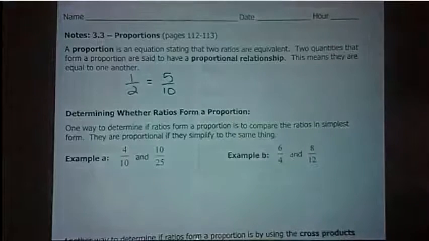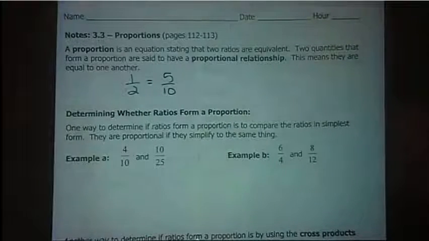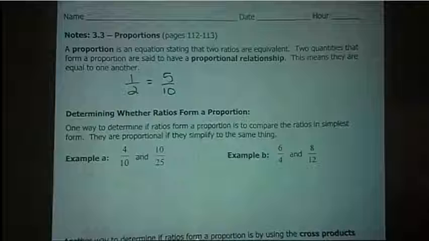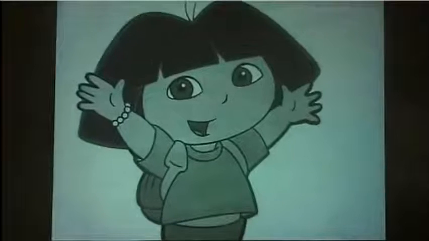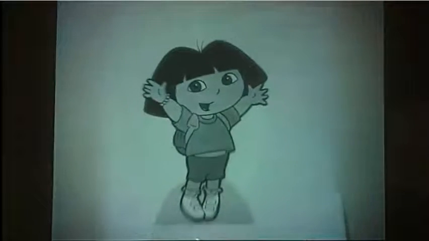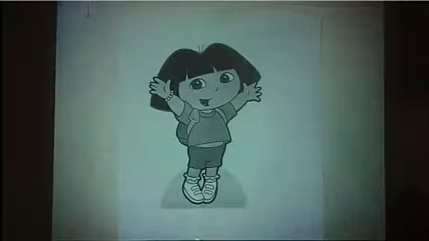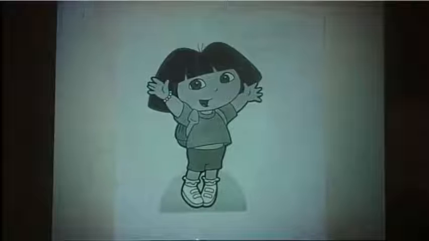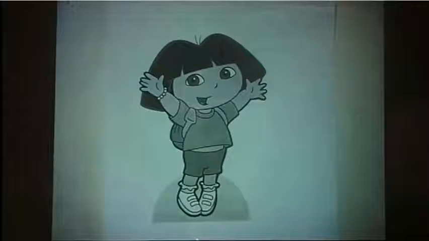A kind of a fun example of something that's not proportional, just so we get the idea of what not proportional means. I have a special guest. It is Dora. Hola, mi amigos. ¿Cómo estás? So this is Dora. I love Dora. She's great. She only has one problem. Her head.